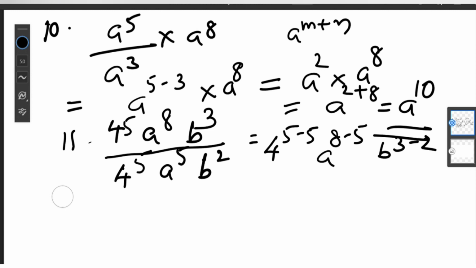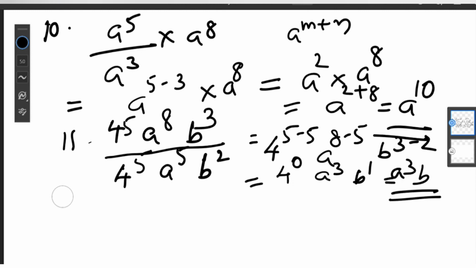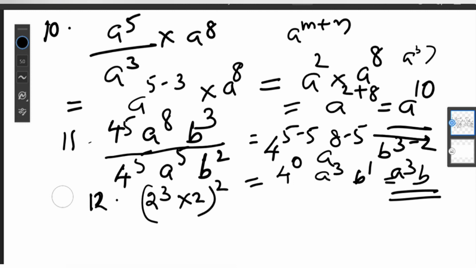Okay, so 4 to the power 5 minus 5, then a to the power 8 minus 5, b to the power 3 minus 2. So 4 to the power 5 minus 5 is 0, a to the power 3, b to the power 1. 4 to the power 0, it is 1. So a cube b is the answer. Then 12th one.